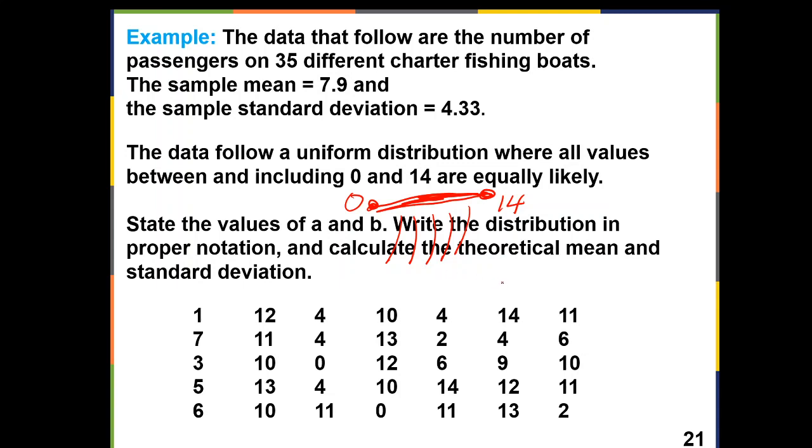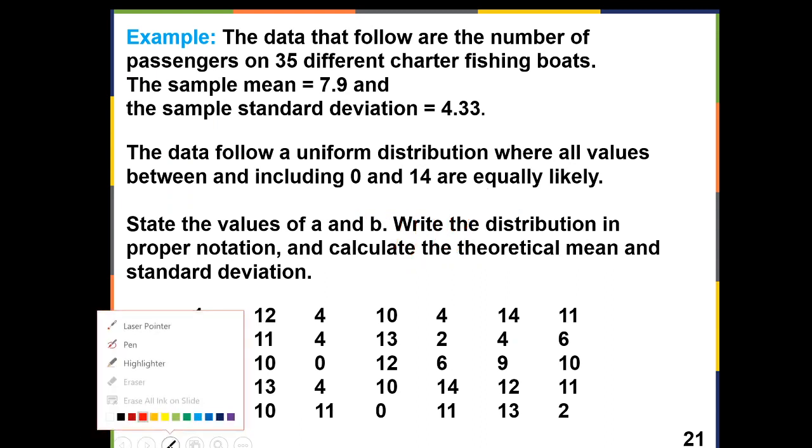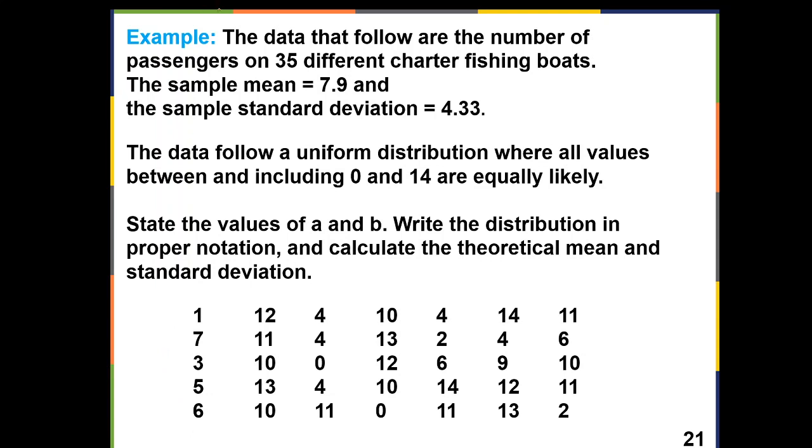And in a uniform distribution, we know that the mean and the standard deviation in theory have to be A plus B divided by 2, and the standard deviation has to be the square root of B minus A squared over 12.